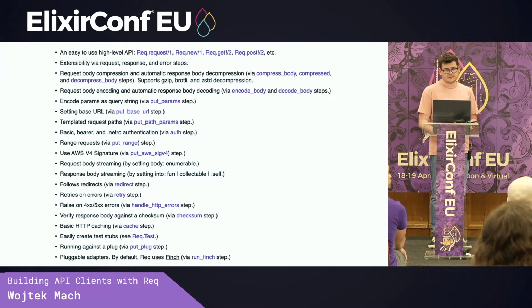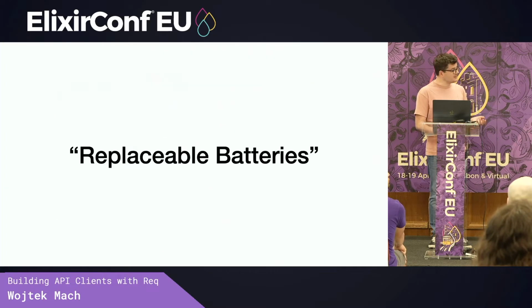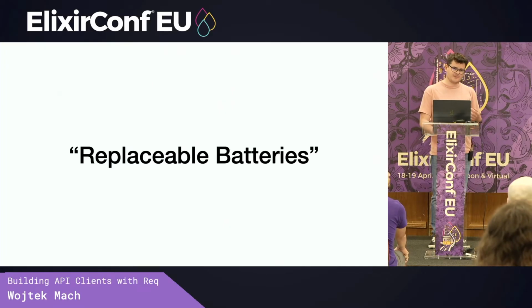And there are some testing recent additions as well. But to continue with the analogy, we have batteries included, but we have replaceable batteries, meaning most of the features of the client can be replaced. You can take existing things and reuse them in other ways.